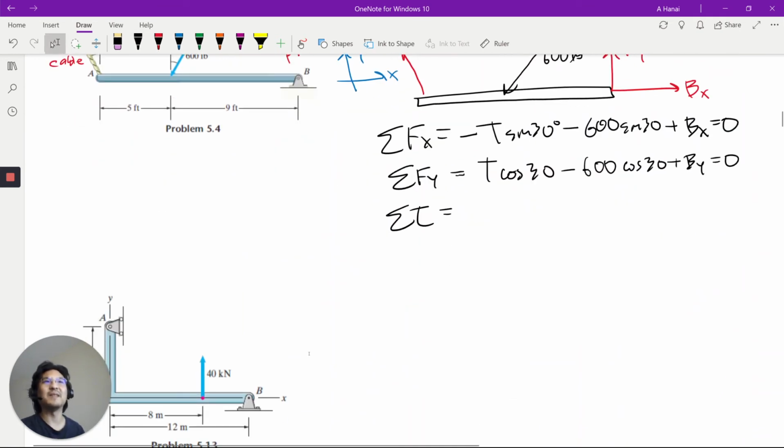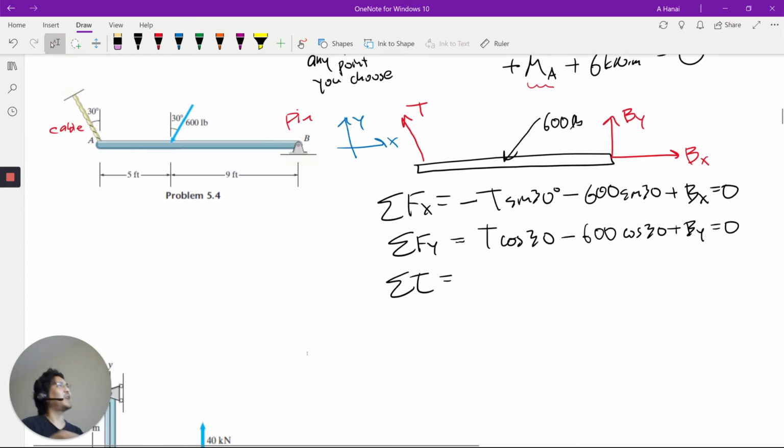Okay, and then sum torque about anywhere you want. So I don't want to deal with this angle over here, so I'm just gonna go about point A over here, so that the torque by the tension is 0. So then I have torque by this, but only this component provides any torque, right?